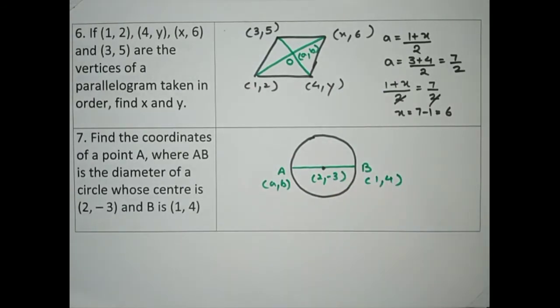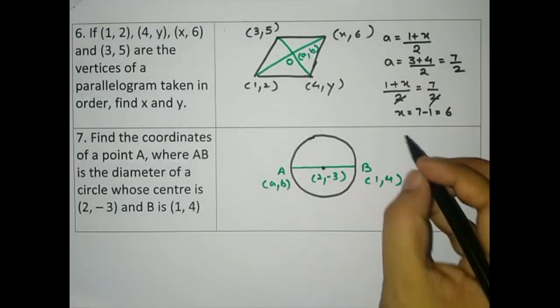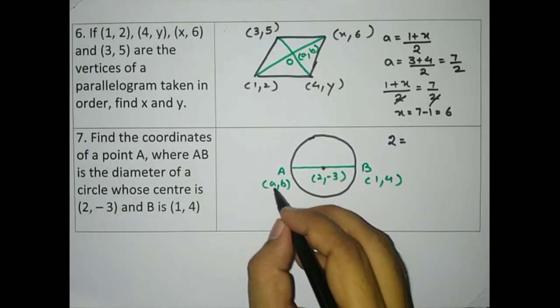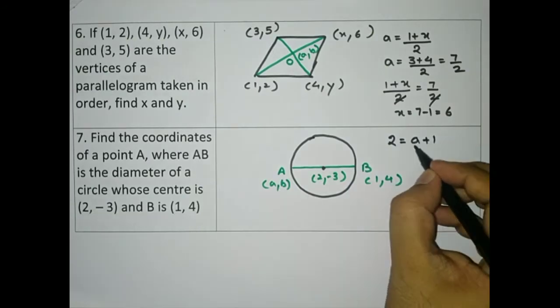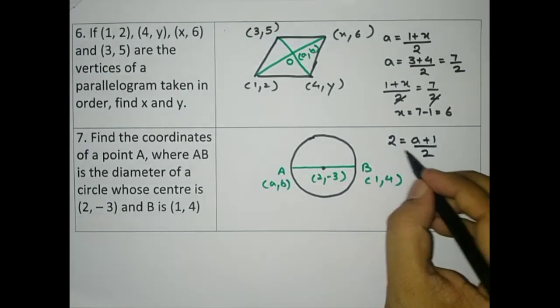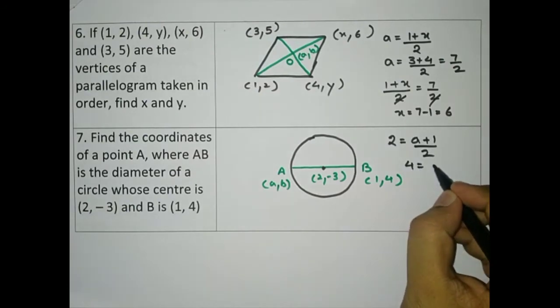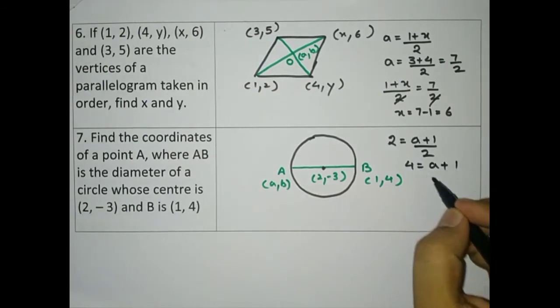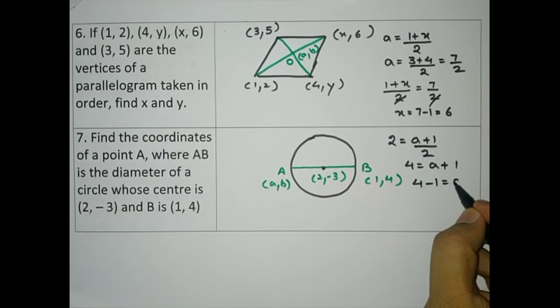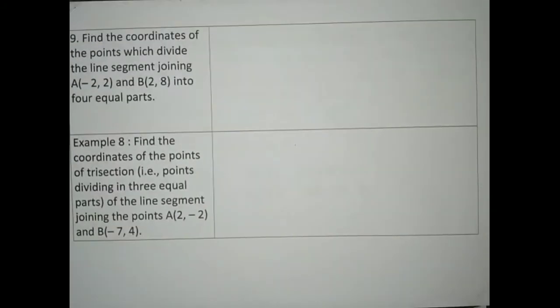So we need to find point A. Here again, because it is a midpoint, 2 becomes a plus 1 over 2. So 2 goes to this side, 2 into 2 is 4. It is a plus 1. So 4 minus 1 is equal to a. So 3 is equal to a. This way we got the value of a. Similarly, using the y coordinate, we can find b also. I leave it as homework.